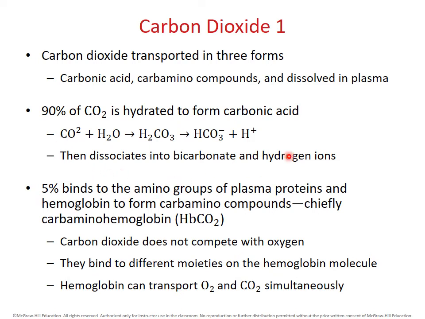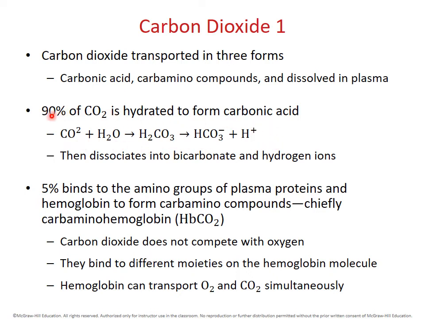And then, of course, the remaining 5% is going to be simply carbon dioxide that's dissolved in the plasma. All right, just to review, when we say carbon dioxide is transported in the form of carbonic acid, we see this chemical equation that I've put up on the board previously several times and told you that it was an important one that you wanted to remember.